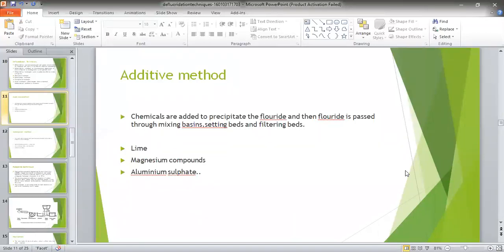These chemicals will precipitate out the fluoride, and then this fluoride is passed through mixing basins, settling beds, and filtering beds to remove it from the water. So basically, which chemicals can we use? We can use lime, magnesium compounds, and aluminum sulfate.